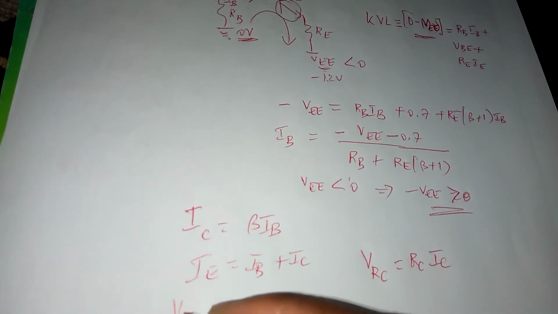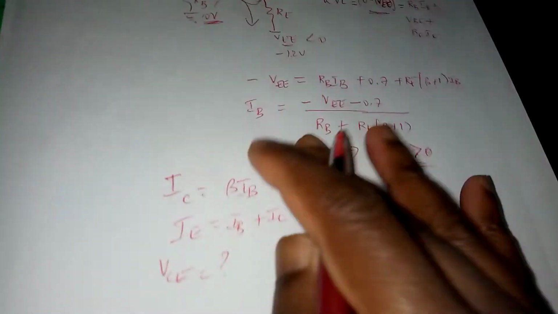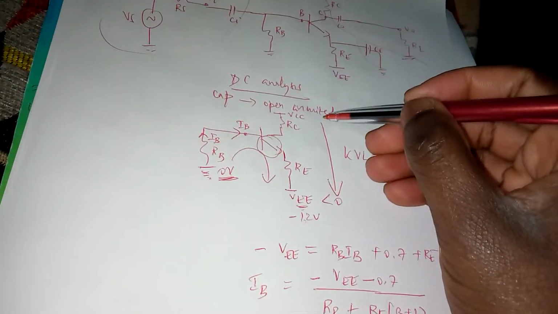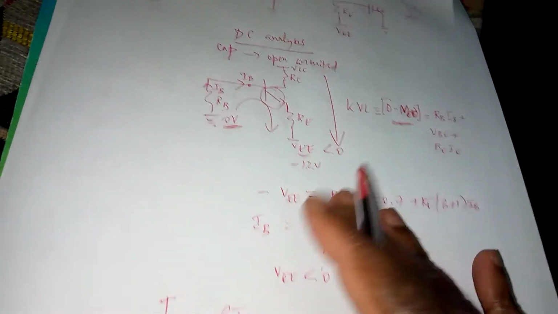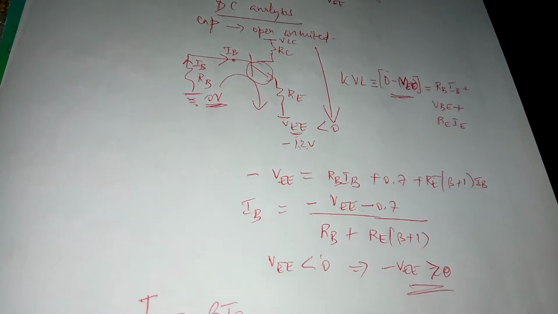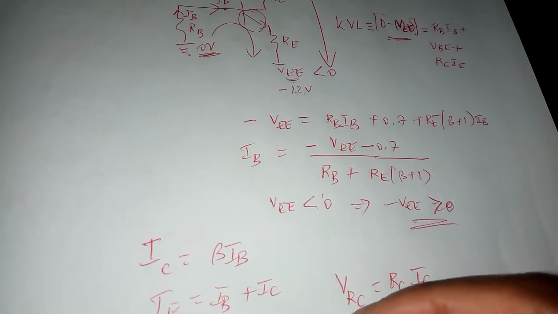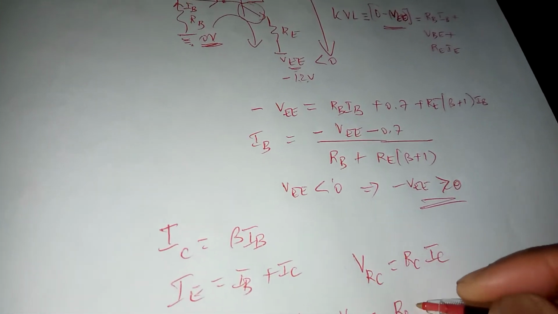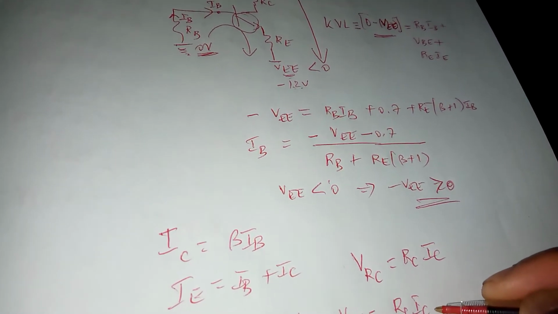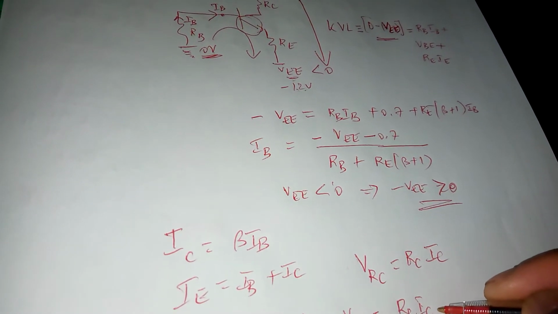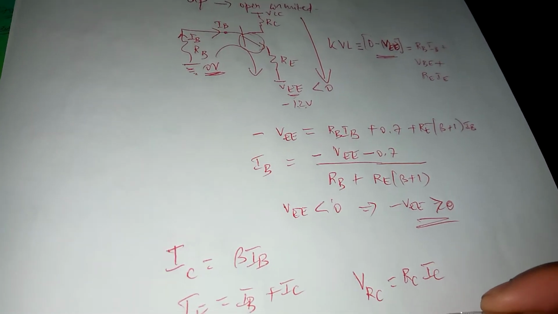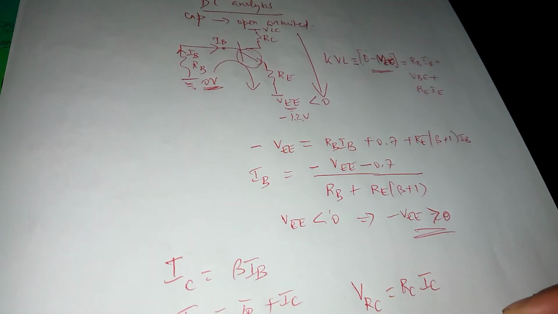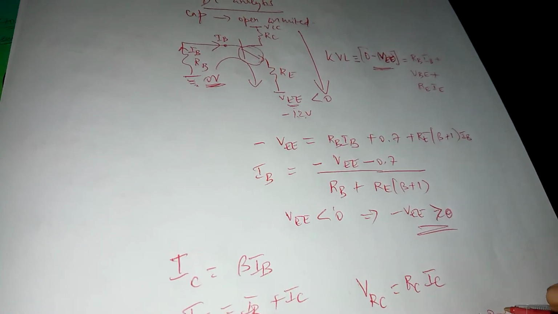How do you get VCE? You now consider the other Kirchhoff's voltage loop, which is all the way from VCC to VEE. So there, VCC minus VEE must be equal to RC IC plus VCE that we are looking for plus RE IE.